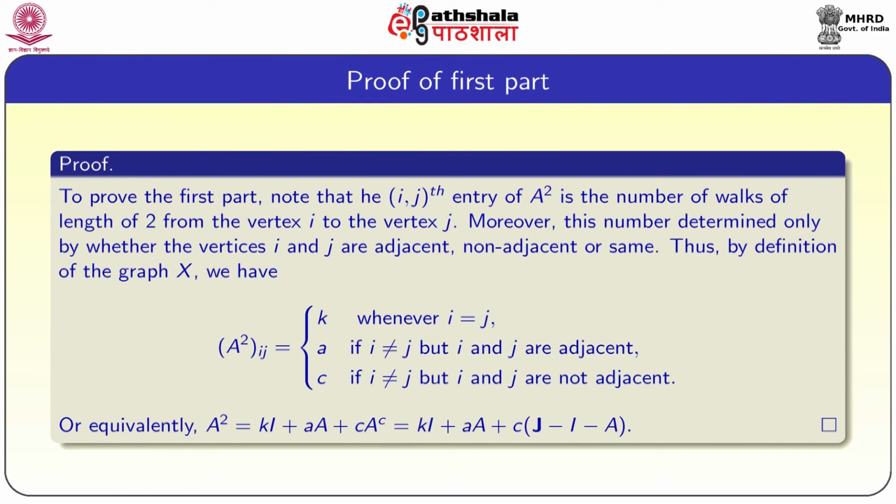Thus, by definition of the graph X, we have (A squared)ij equal to k whenever i equals j, which is equal to a if i is not equal to j but i and j are adjacent, and is equal to c if i is not equal to j but i and j are non-adjacent. Equivalently, A squared equals k times I plus a times A plus c times A complement, which is equal to kI plus aA plus c times (J minus I minus A).